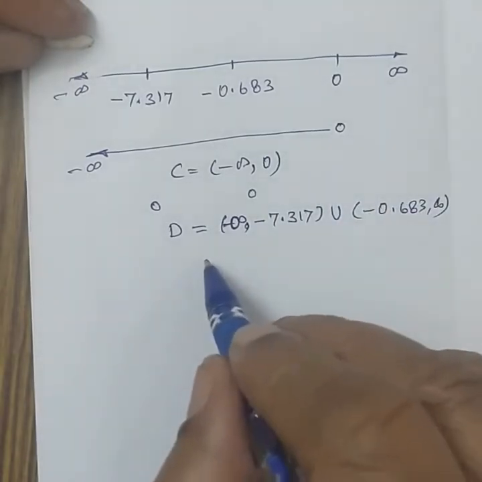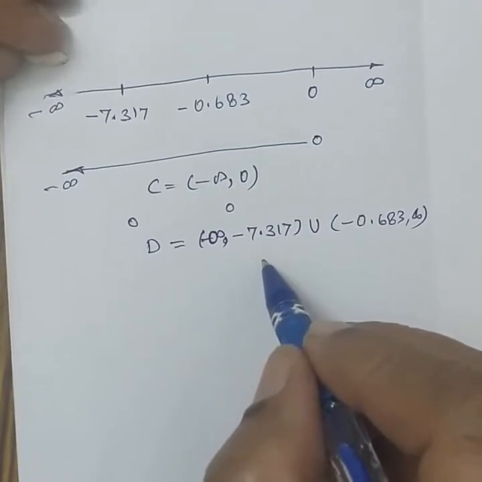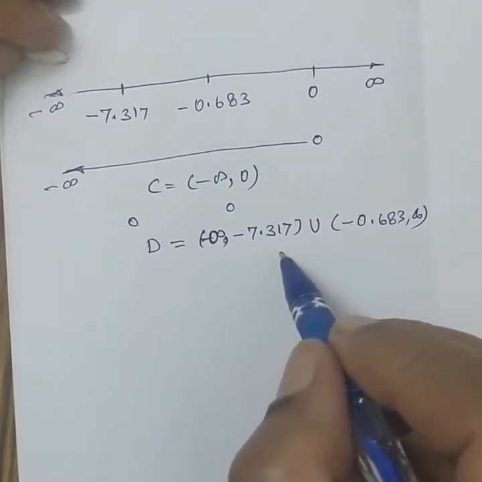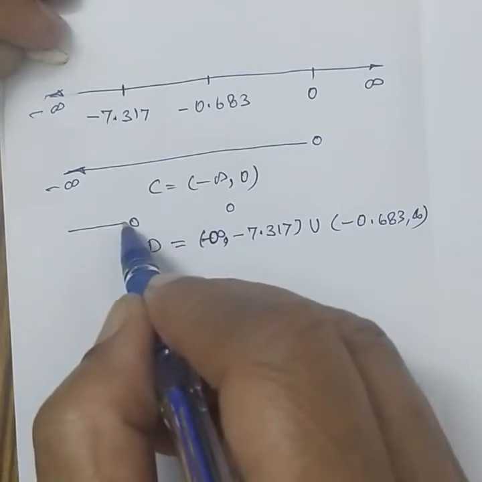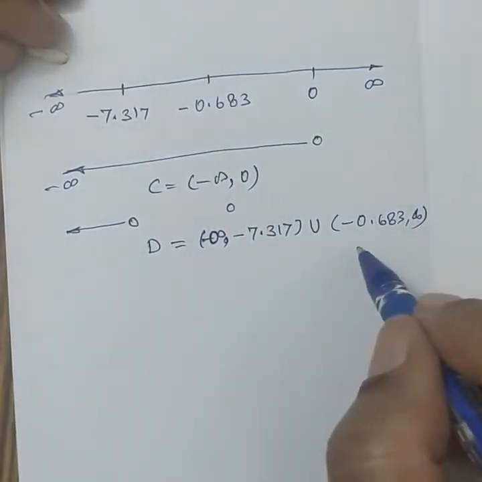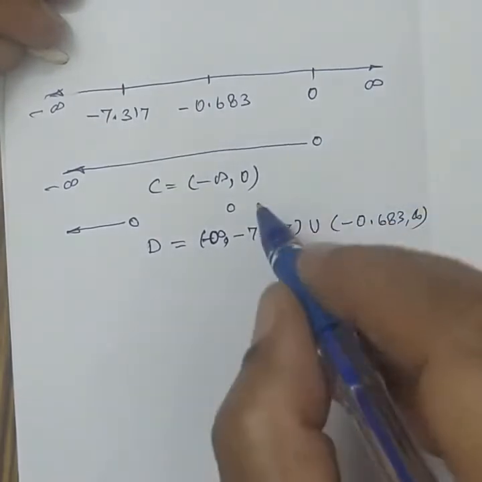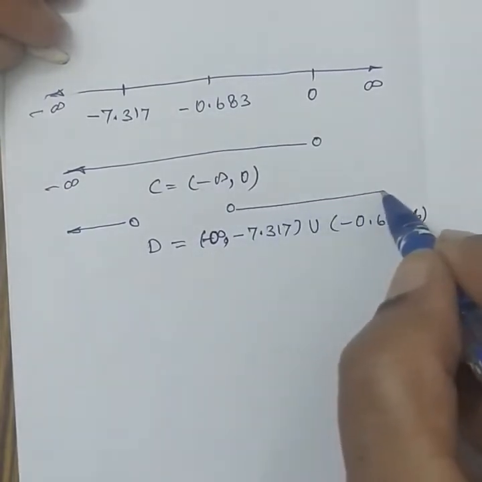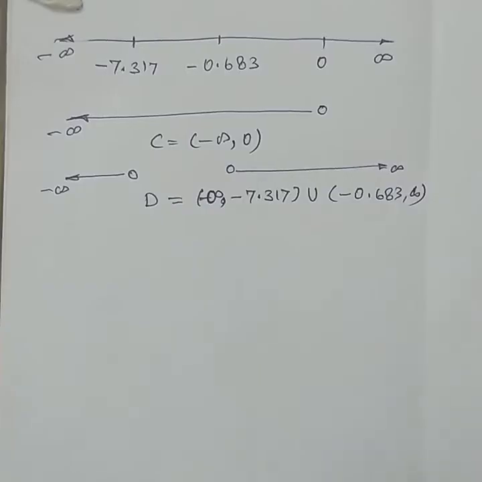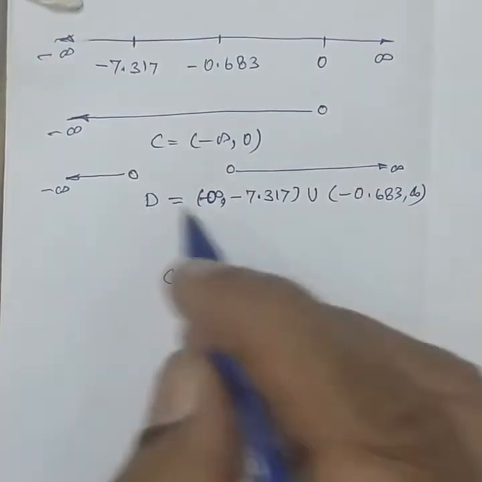The interval between minus infinity and minus 7.317 is an element of set D, hence it is shown with a firm line. The interval between minus 0.683 and infinity is an element of set D, hence it is also shown as a firm line. Let us now derive C intersection D.